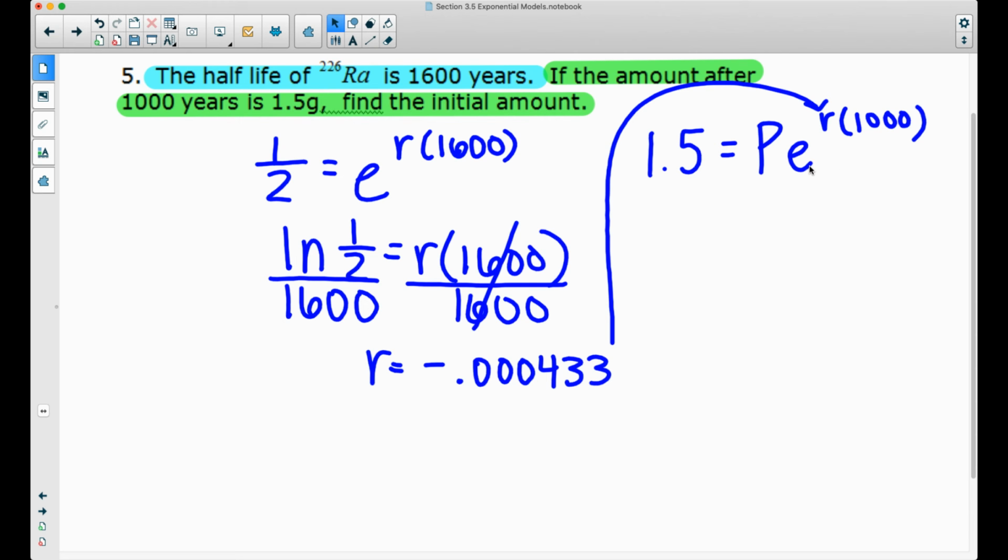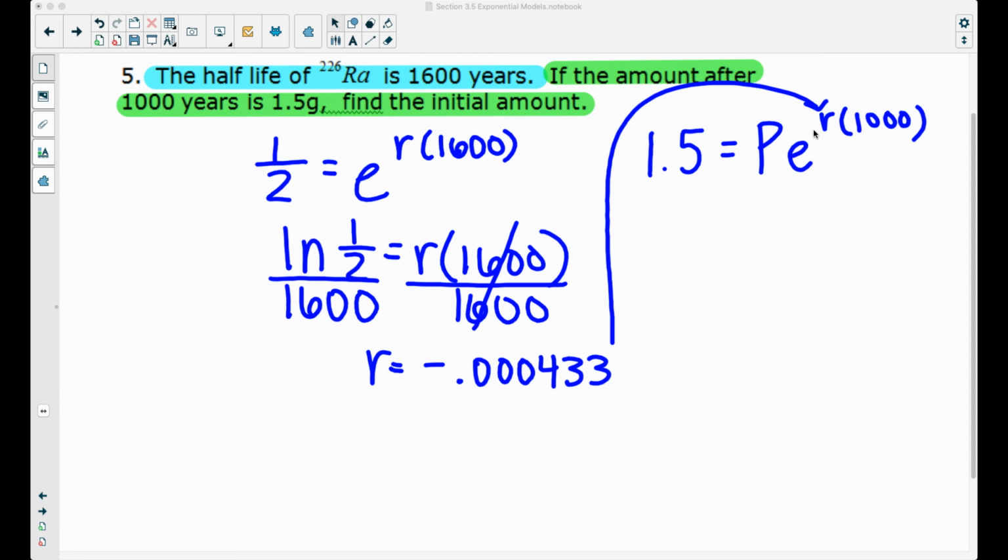Multiplication, so we would divide. Okay, so technically in your calculator, if I have natural log of 1/2 divided by 1,600, technically I would be dividing all of this right here.